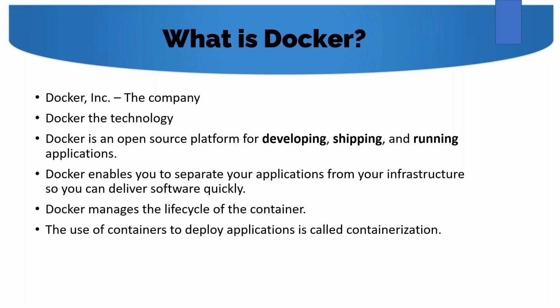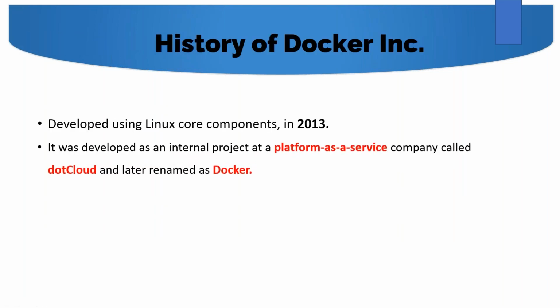They took that word, took the four letters from dock, and from worker they took the last two letters, ER. They named this technology Docker. This is the interesting fact about how the Docker name came. It was developed using Linux core components in 2013.